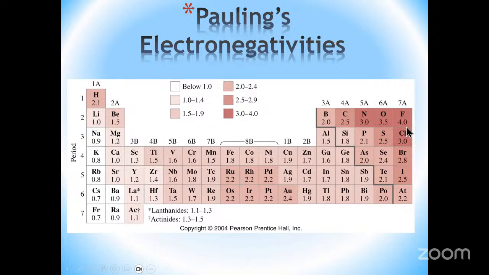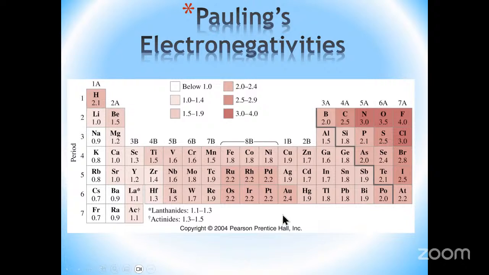So the most electronegative element is fluorine, 4, right? And then you have others of different values. Metals typically have very low electronegativity values, and over here, the non-metals, they tend to have high values, all right? So that's as far as electronegativity is concerned, and that's important.